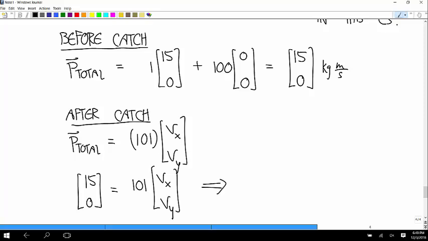The x equation says Vx is 15 over 101. Can someone calculate that? 0.149.